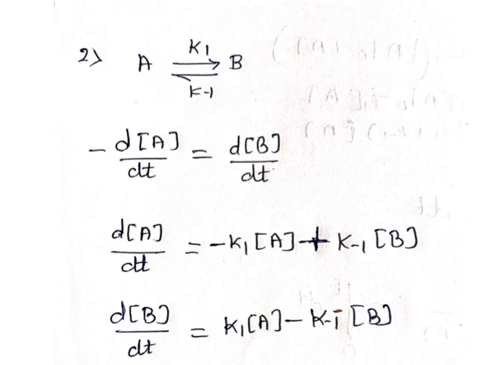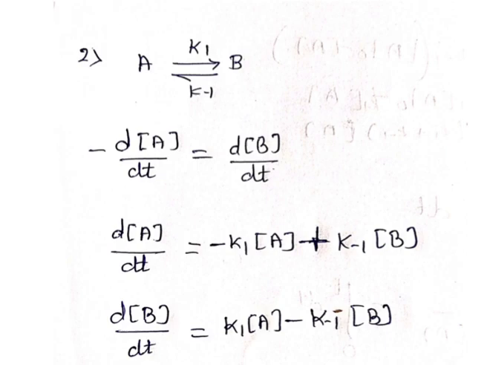So rate is K minus 1. And which species is going to decrease, so it is B. So rate is written as dA by dt is equal to minus K1 into concentration of A plus K minus 1 into concentration of B. So see, always write down in the concentration bracket the term which is going to decrease.